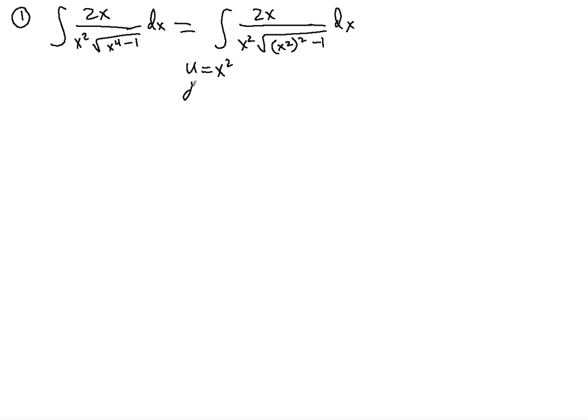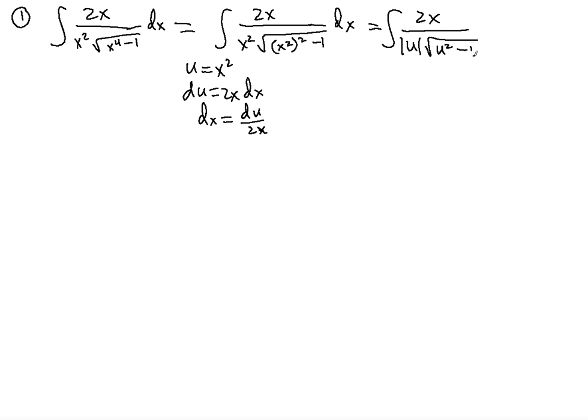Okay, so du is equal to 2x dx, and dx is equal to du divided by 2x, right? So now we're going to keep the top as 2x and then express the u. So u is equal to x squared, but since x squared can only be positive, we can just put the u inside the absolute value, and that's exactly lining up well with the arcsecant that we're going to relate this to. So we're going to have u squared minus 1 inside the square root, and then dx is equal to du over 2x.